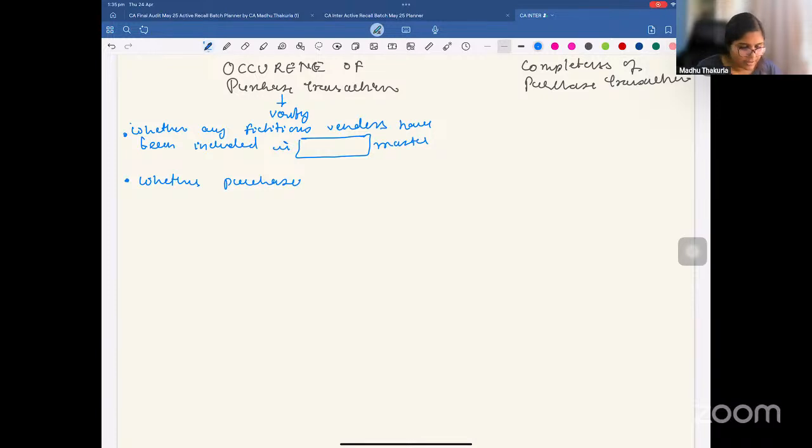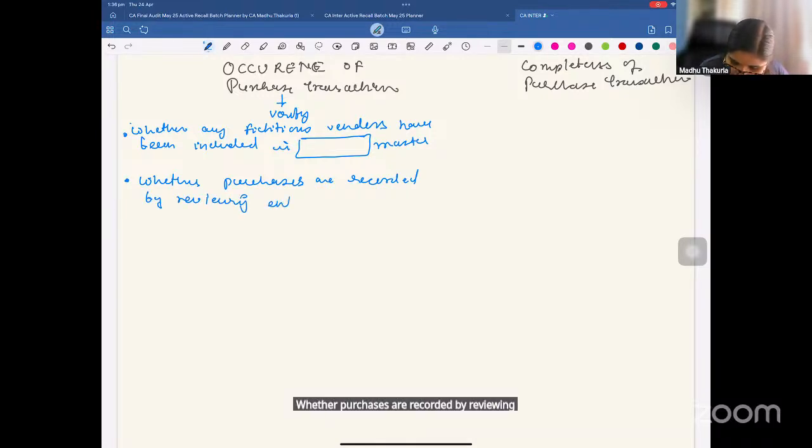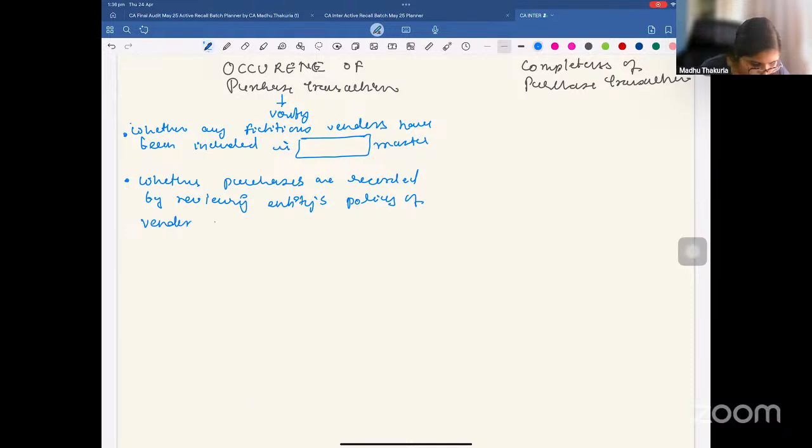Whether purchases are recorded by reviewing the entity's policy for vendor selection, and also ensure existence of vendors.